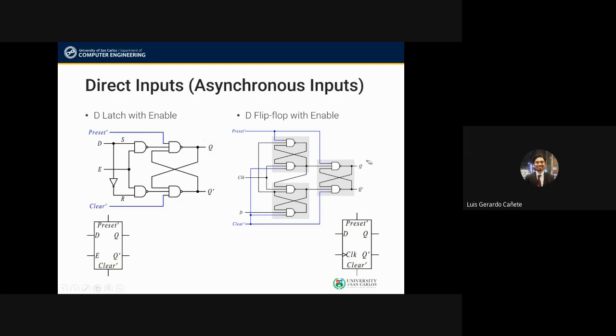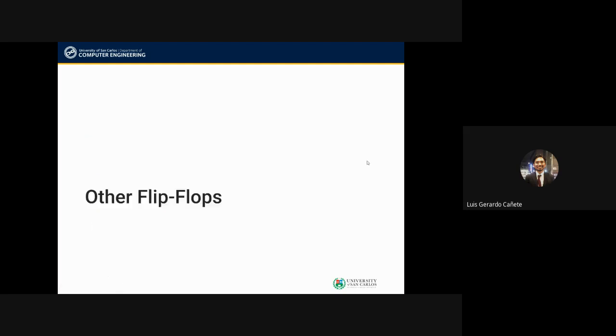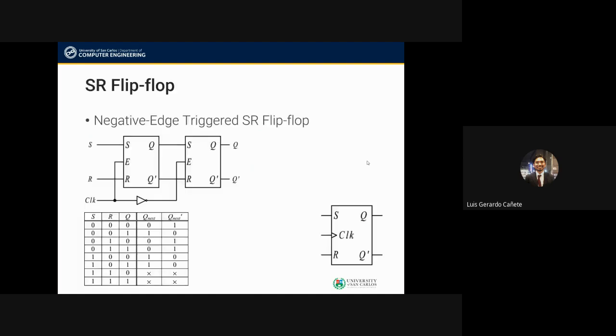Okay. So there are other types of flip-flops. It isn't just the D flip-flop. And it depends on your application as to what type of flip-flop you will use. So if there is a D flip-flop, then naturally there should be an SR flip-flop, or a set-reset flip-flop.